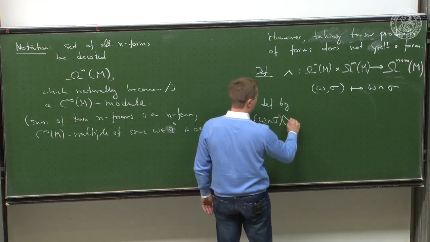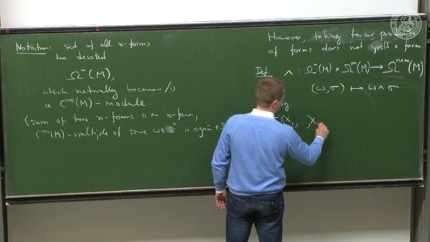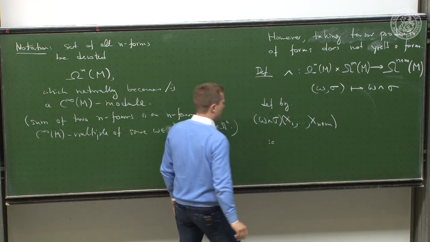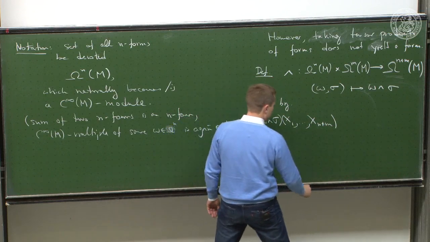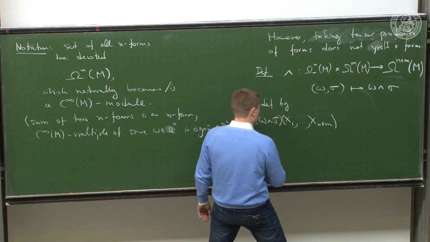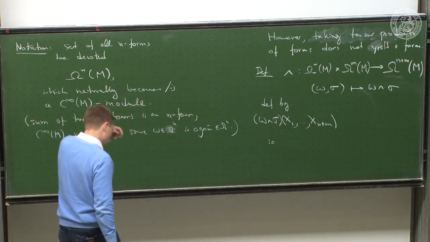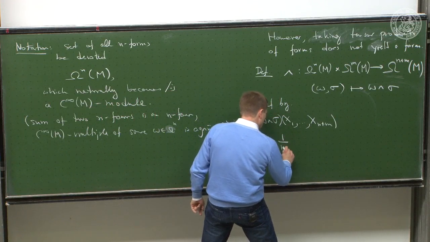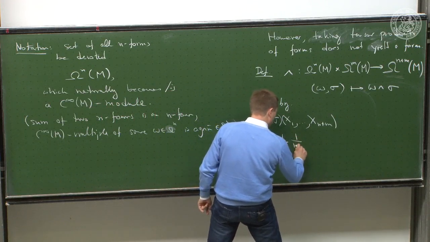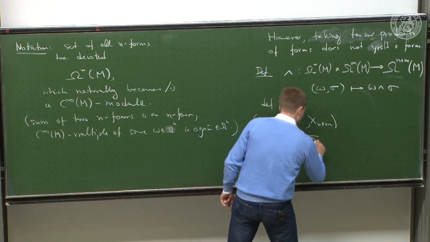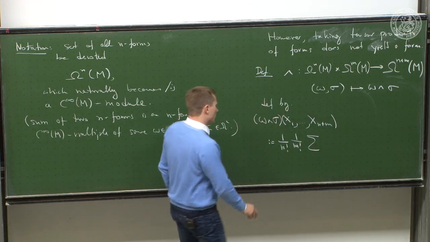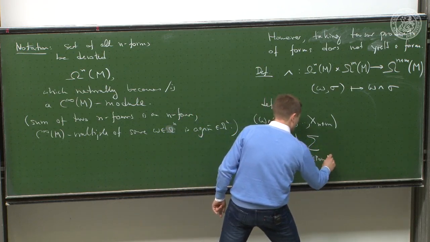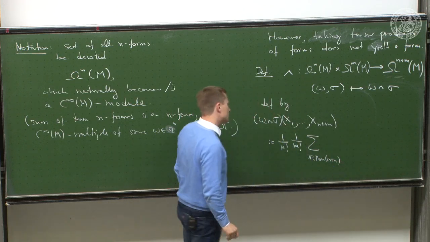Omega wedge sigma acting on X_1 to X_{n+m}, we can define as: we take out factors 1 over n factorial, 1 over m factorial, and then we take a sum over all the permutations of the first n+m numbers.